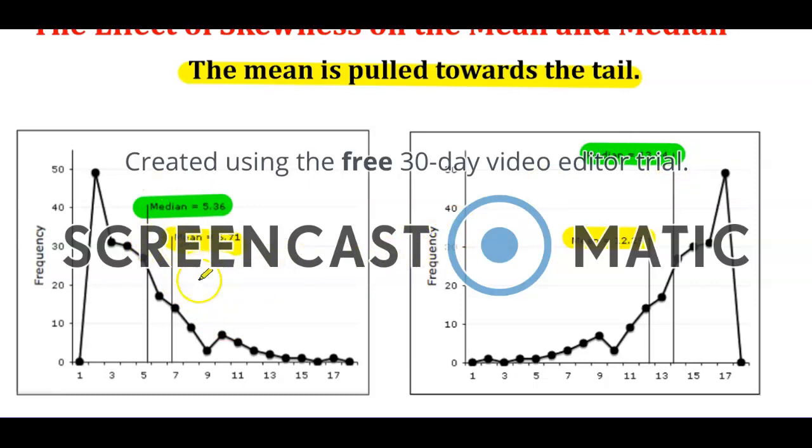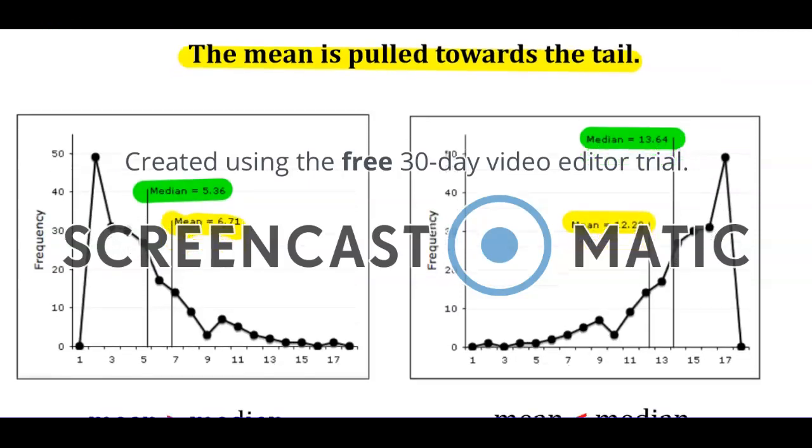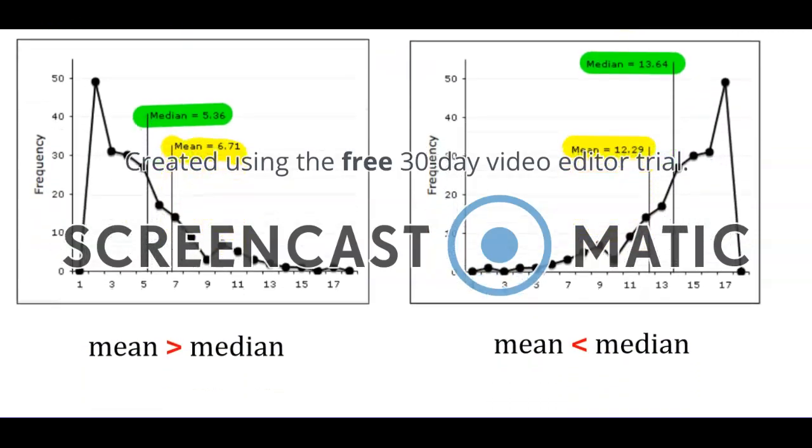So, for example, here, we've got a tail, so it is skewed to the right, and it also means that my mean is pulled to the right. Here I have an example that is skewed to the left, so it's going to pull my mean to the left. Outliers tend to pull the mean of the data in a certain direction.